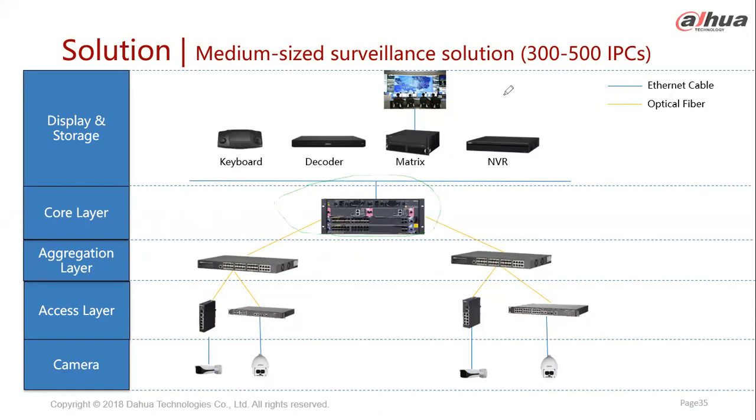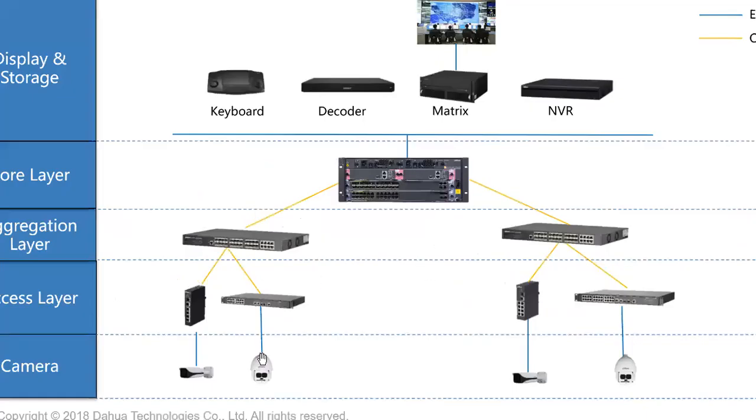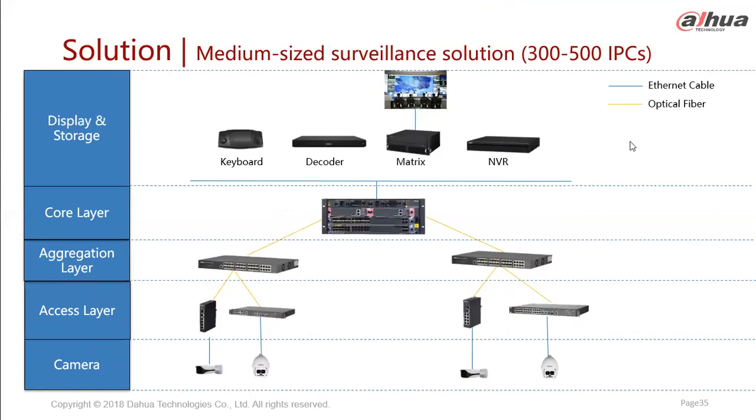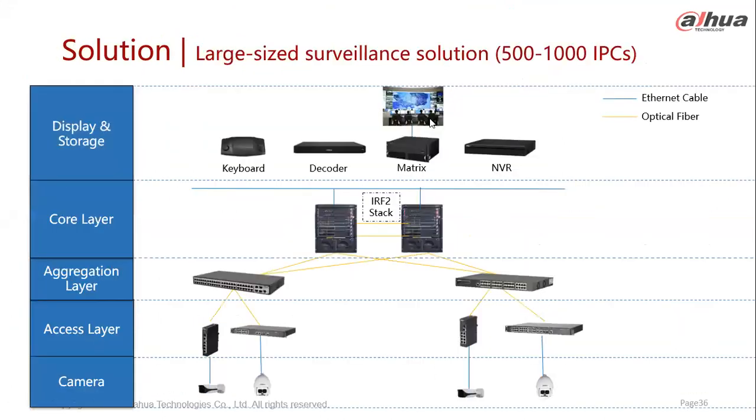This is basically how you design your network. As you go up the network, you have better speeds, which is why we use fiber at this point. For a large-sized surveillance system, you have more core switches in the network, and for cases with 500 to 1,000 IP cameras, you can apply the same.